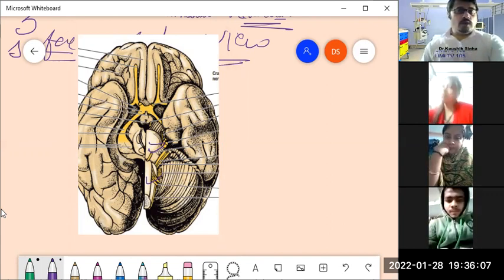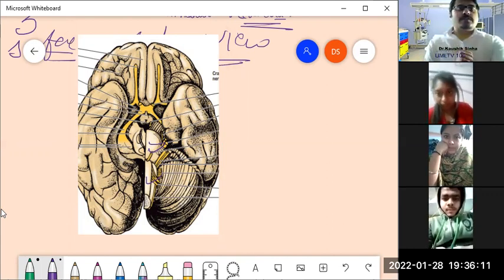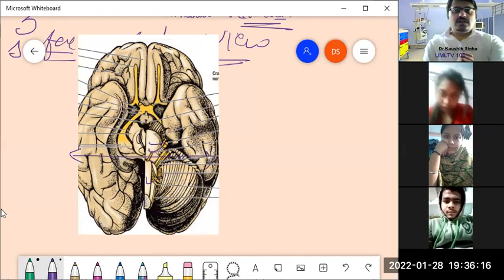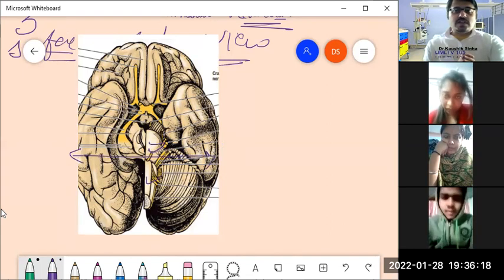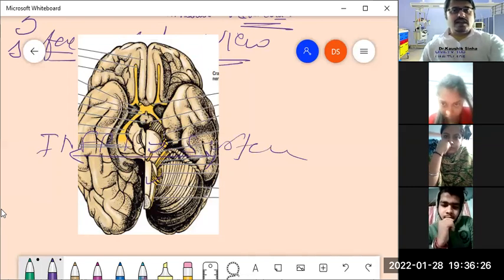Kintu, what I need to notice in respect of the surfaces that I was describing is that this entire surface is the inferior surface. That is true. But you see that this brain by natural formation has a division.